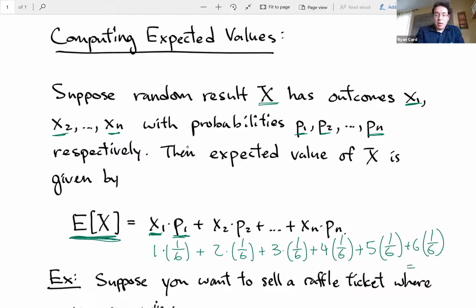If you add it all up, so let's see, 1 plus 2 plus 3 plus 4 plus 5 plus 6, that's 21, divided by 6. That simplifies down to 7/2 or 3.5. So you don't expect to see a 3.5 when you roll a die, but the long run average value for rolling a 6-sided die is 3.5. I hope that made sense.